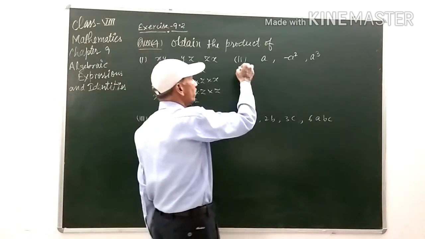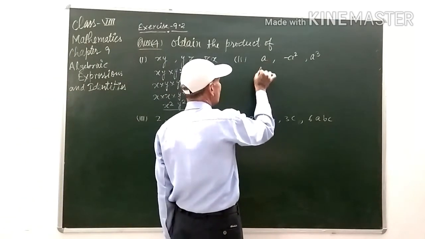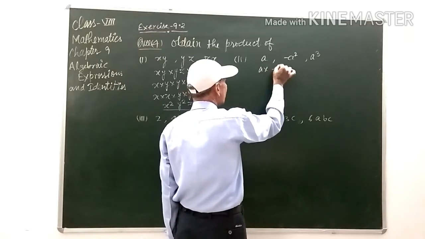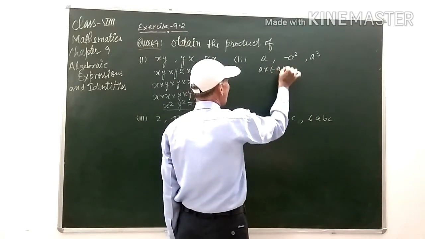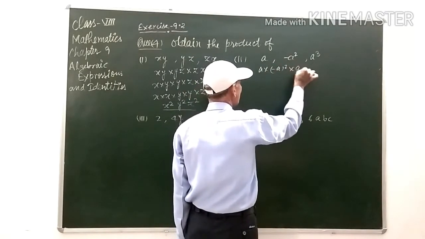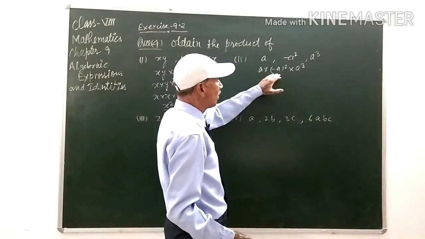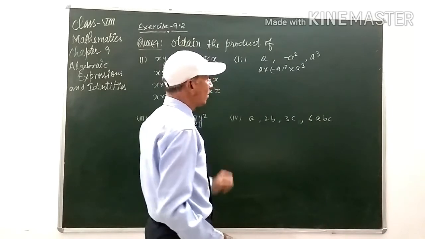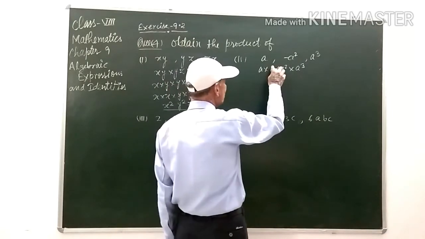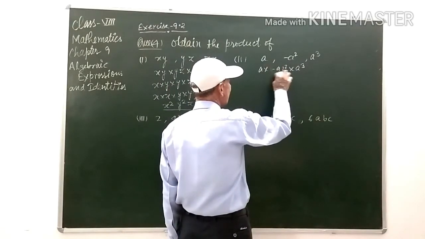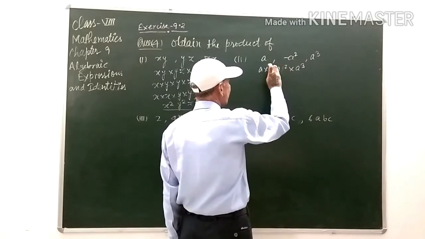And now second part of this, a into minus a to the power 2 into a to the power 3. Students, a into minus a. Okay. So this one minus a here, minus a square.